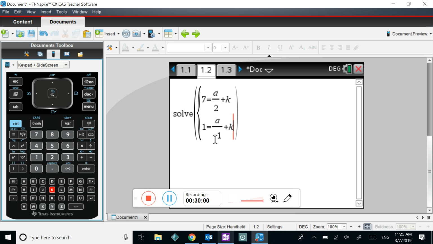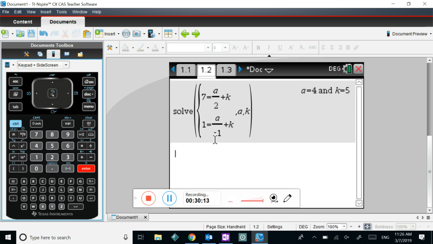And then I want to solve for a, so it's comma a and comma k. I'm solving for a, also solving for k. If you press enter, it should give you the value directly.